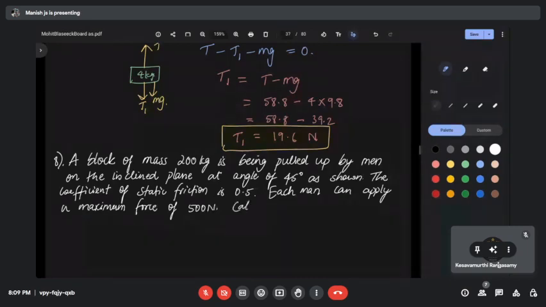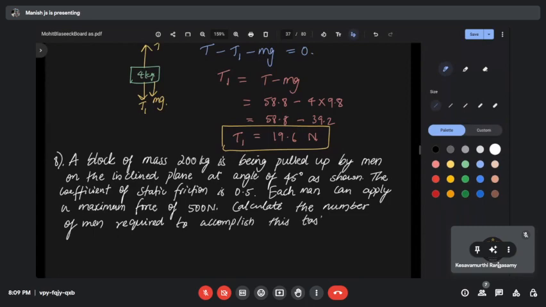Calculate the number of men required to accomplish this task, to accomplish this task of lifting the block.